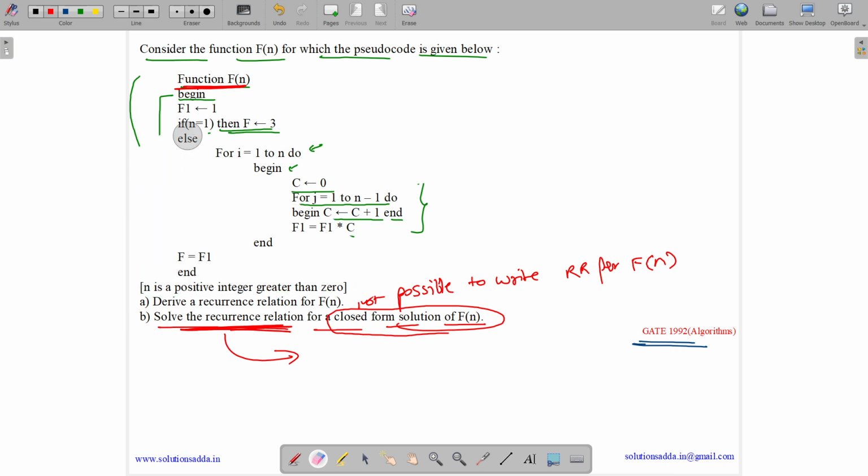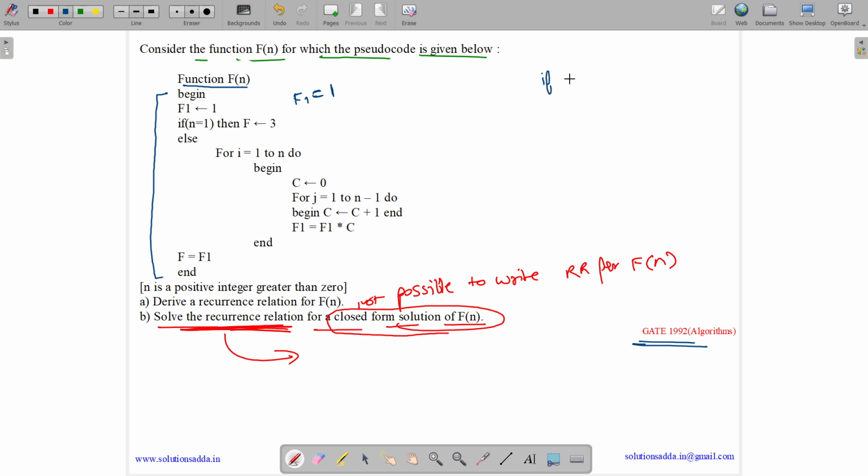So let us see what this is computing by analyzing it. Okay, so see what it is doing. Initially, we have this body, we have begin followed by an end. So we will create a variable f1 and assign a value 1 to it. So if n equals to 1, then f will have a value 3, which means if n equals to 1, then fn equals to 3.